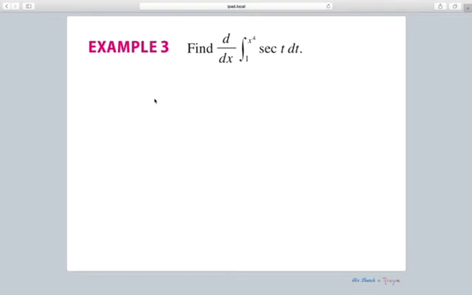So first, let's look at our integral. Our integral is a function of x, right? I'm just going to define it the way we've been defining it.